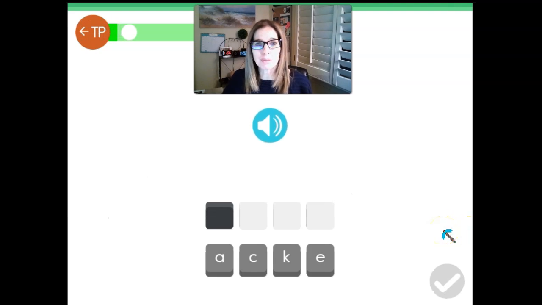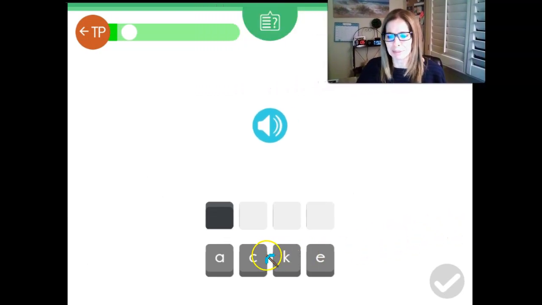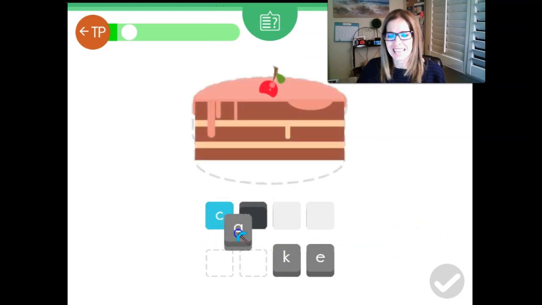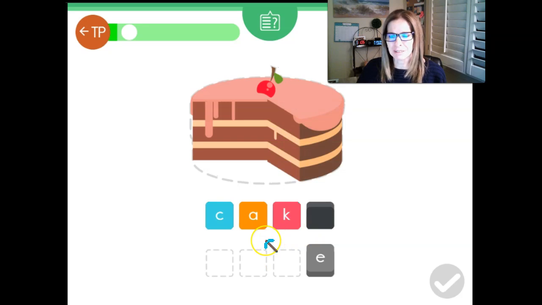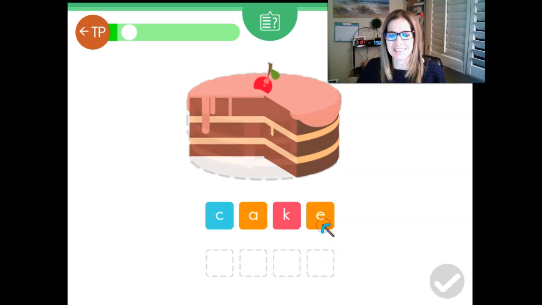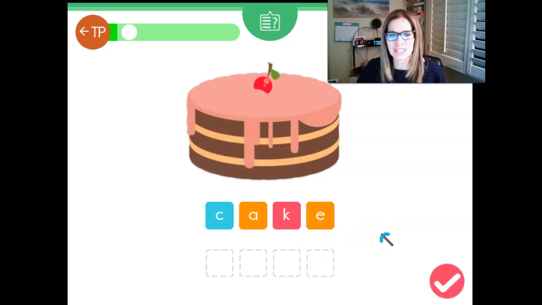Cake. So I'm going to build the cake and let's see what happens. A, k. Right now, if I left it like that, I would have, wouldn't I? This would be k, cack. I don't want a cack. What do I want? A cake. Let's finish that cake.